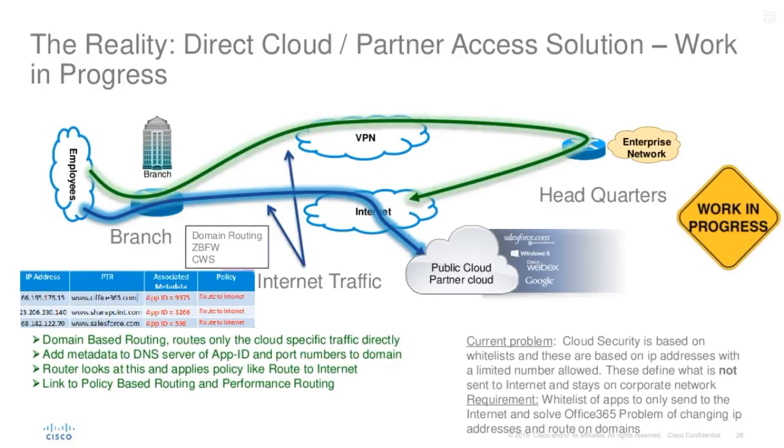Problem number two is the way these cloud web proxies operate is they often operate based on what is called the whitelisting model. The way it often works is you're listing out the IP addresses of the things that are going to route up and stay within the corporate network.